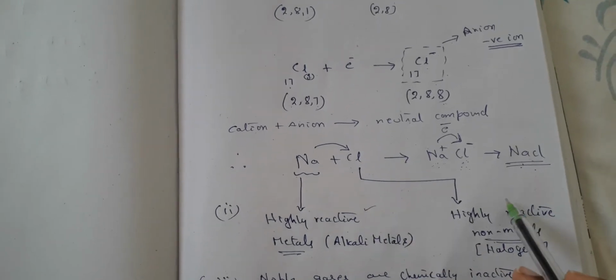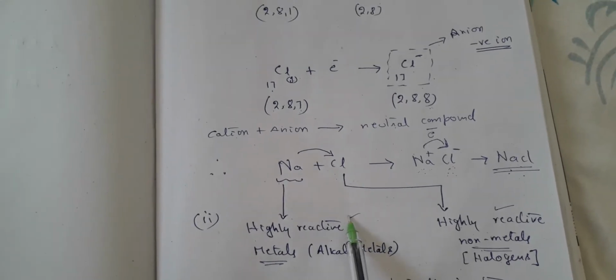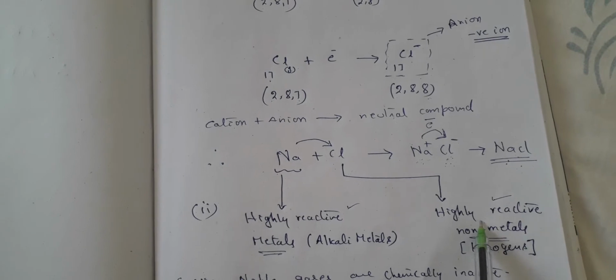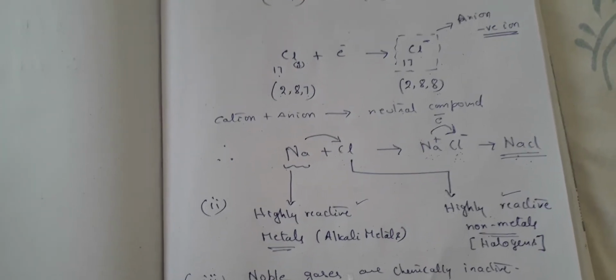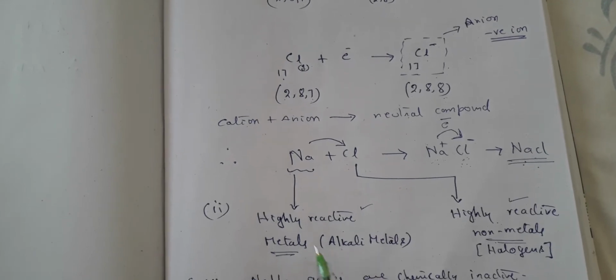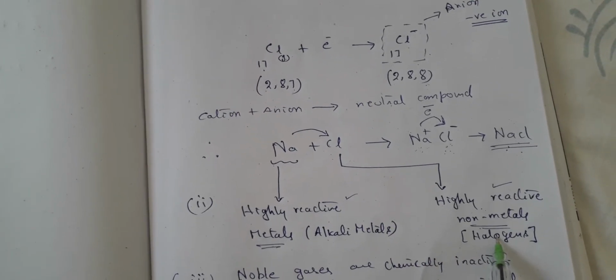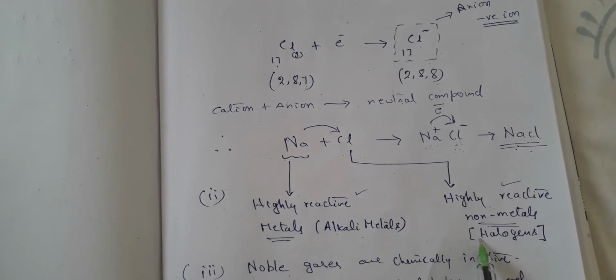They must be ready to react. One should be ready to give out an electron, the other should be ready to take the electron, maybe 1 electron, 2 electrons or 3 electrons or whatever it is. So one should be a donor and the other should be an acceptor.